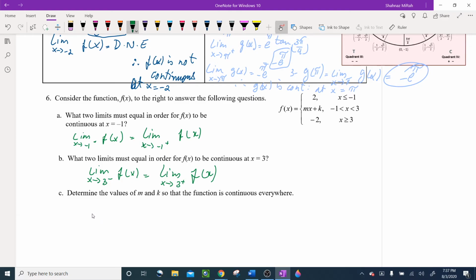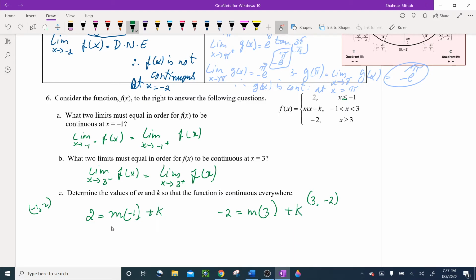So I'm going to say 2 is equal to m times -1, since -1 is the x value and 2 is the ordered pair right there, plus k. The other portion for the 3: I know this ordered pair, 3 and -2. So -2 is the y value, m times x, which is 3, plus k.